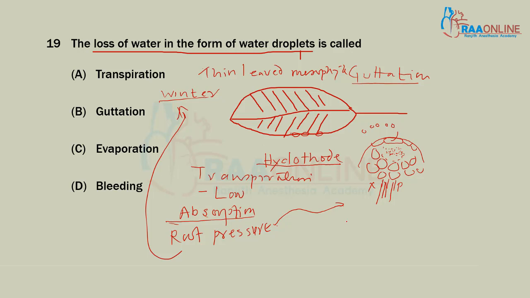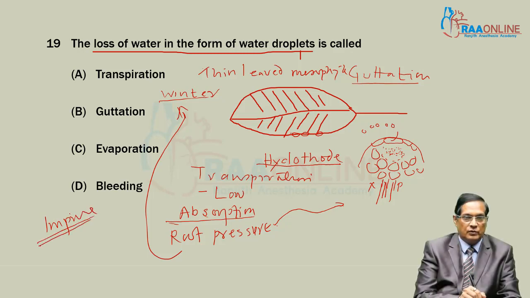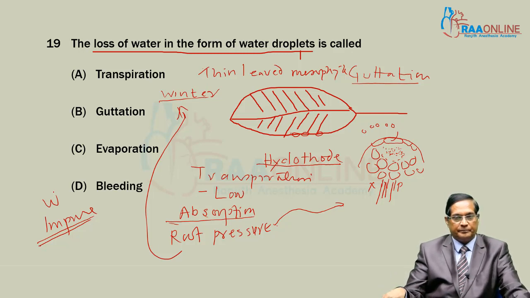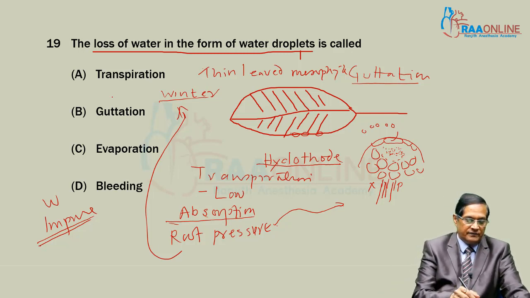Also, guttated water is impure. The released water is impure, whereas transpired water is pure. So this is the brief discussion of guttation.